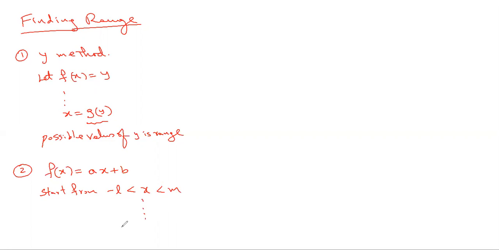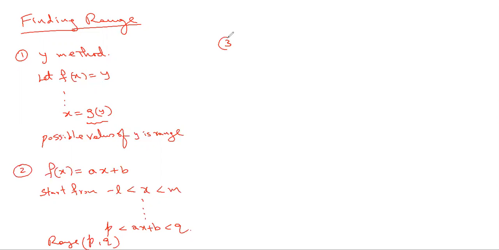You just do the sequence of operations and reach some p less than or equal to ax plus b is less than or equal to q. So the range becomes p to q. Start from where x lies and get where f of x lies directly with the sequence of steps. This is the starting from the domain method.